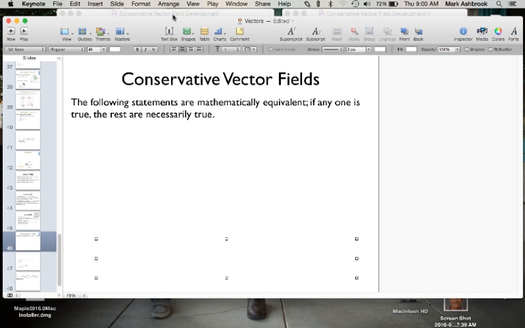Make sense? Okay, how about this one? So think about this one. Conservative vector field or not? Go.